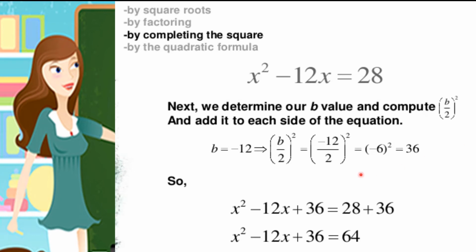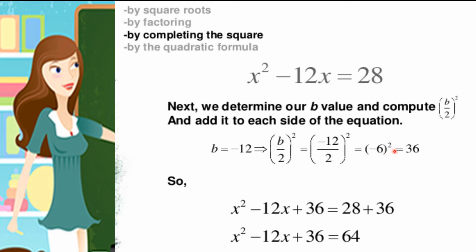Then, ang sunod natin gagawin ay, we determine our b value and compute. So, ang b value natin ay magiging b over 2 quantity squared. So, ang value ng b natin ay negative 12. Substitute natin, we have negative 12 divided by 2 is equal to negative 6.